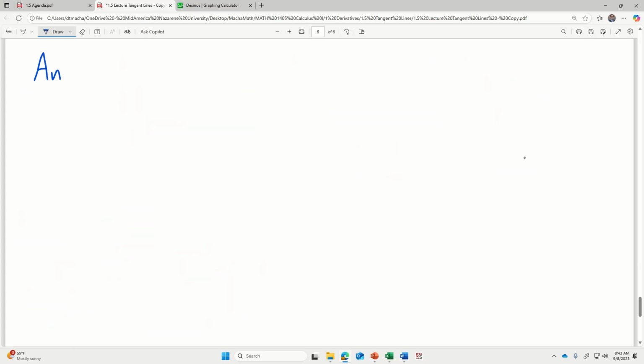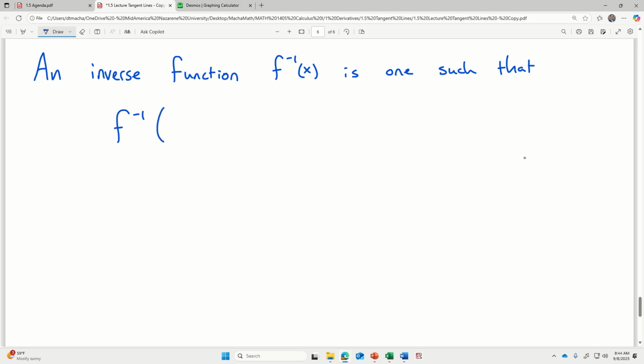An inverse function is one such that when I compose the inverse function with the original function, I just get plain old x.